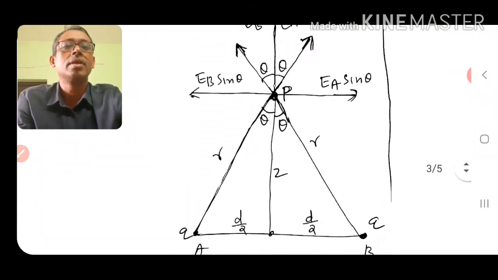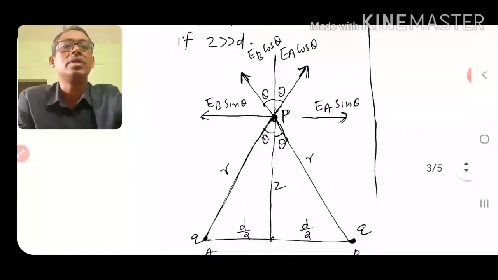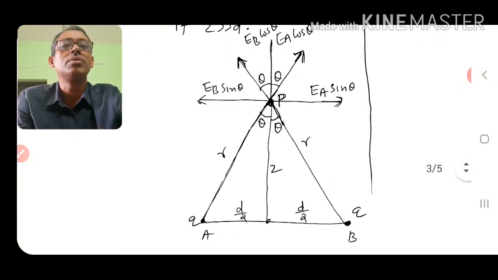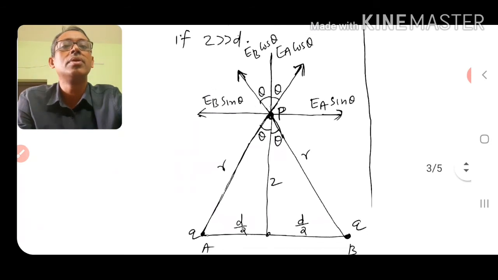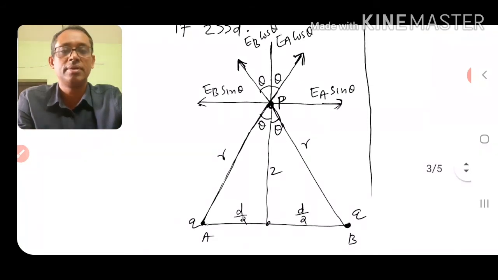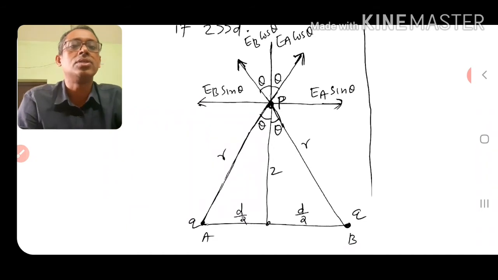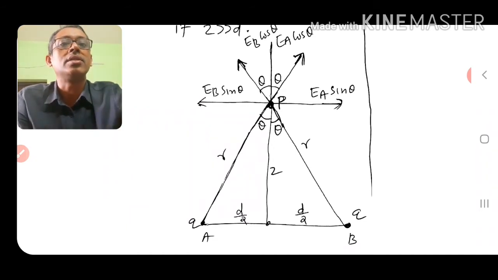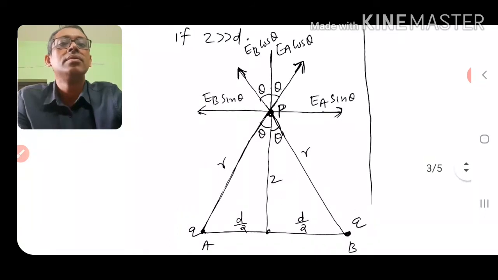So this is the situation here. We have two charges, A and B, each q. The distance between them is d, and half of it is d by 2. We want to determine the electric field at P, which is at a distance z above the midpoint of the line joining the two charges.